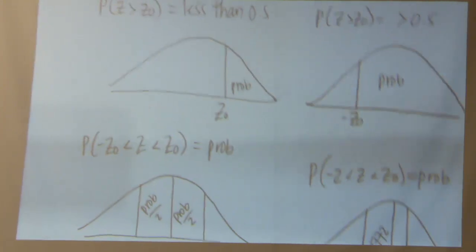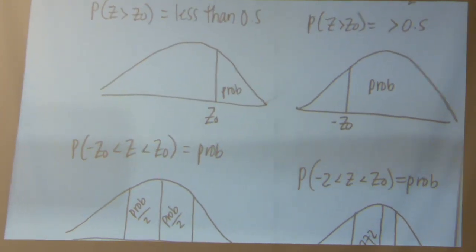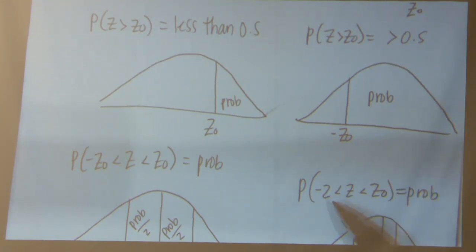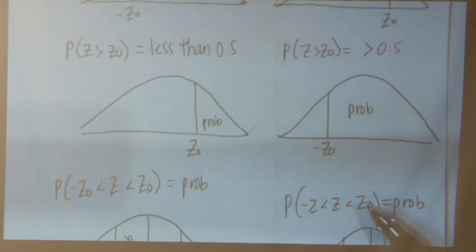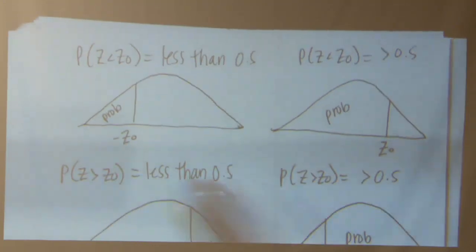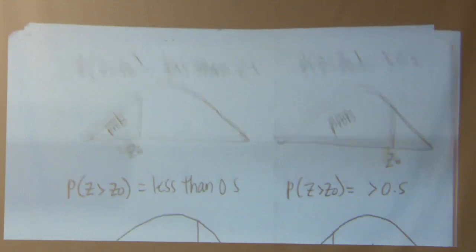Now, all of these problems can be set up the same way if they're talking about x and x naught. The only difference between the z's and the x naughts is that you're going to have to take your x values and use the mean and standard deviation that they gave you to find the z-score and then work with it.